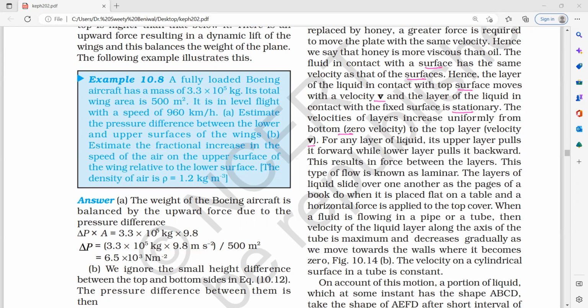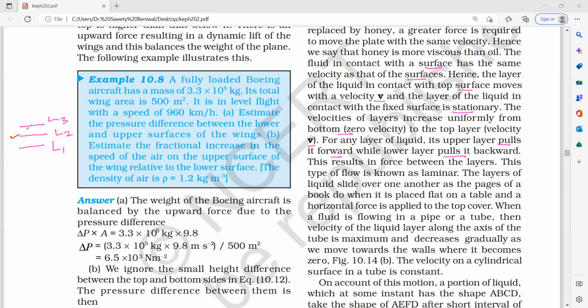For any layer of the fluid, its upper layer pulls it forward while the lower layer pulls it backward. For example, if I am considering these three layers, and I use the names 1, 2, 3 for these layers, now focus on layer 2.